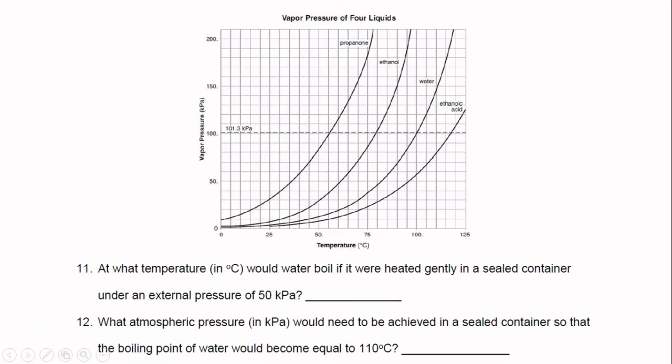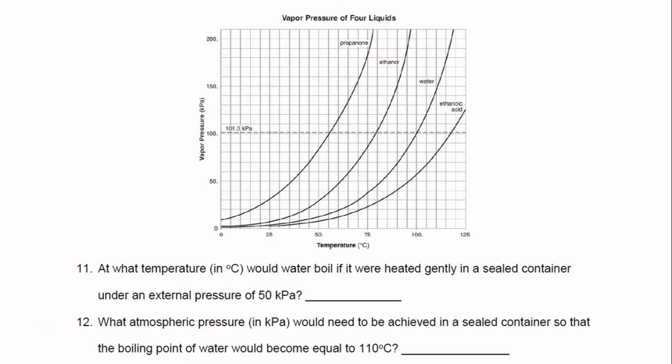The questions in number 11 and 12 have to do with water. Remember that even though water boils at 100 degrees Celsius, that's the normal boiling point, it is possible to either raise or lower the pressure. And if we lower the pressure, we lower the boiling point of water. And if we raise the pressure, we can raise the boiling point of water.